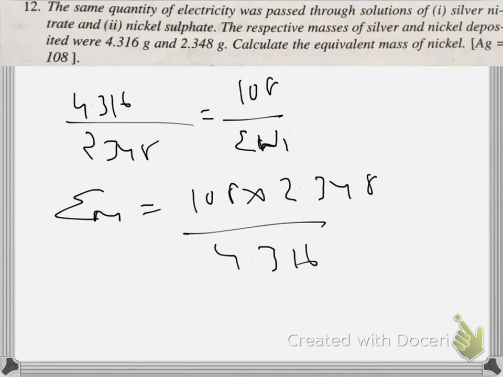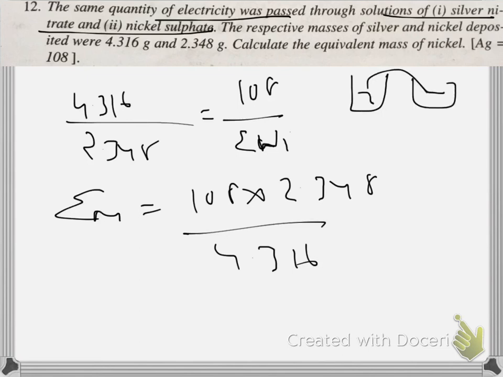The same quantity of electricity is passed through solutions of silver nitrate and nickel sulfate. The two solutions, silver nitrate and nickel sulfate, are connected in series, and during electrolysis, silver deposits 4.316 gram, nickel deposits 2.348 gram. According to Faraday's second law, the masses deposited will be in the ratio of their equivalent mass.